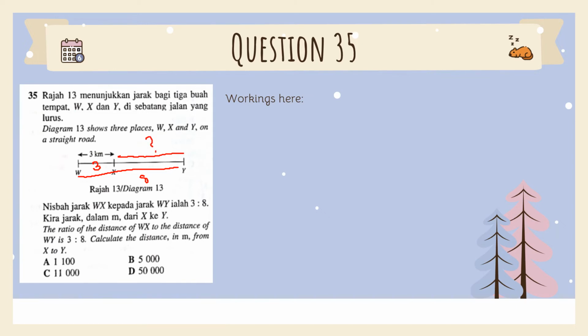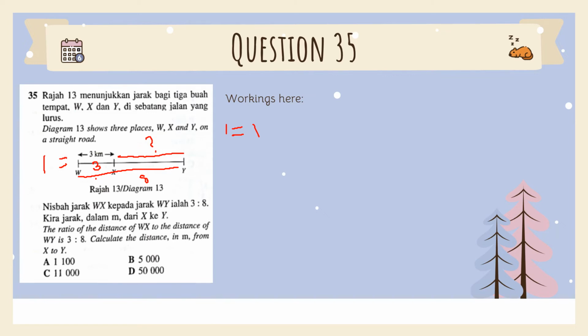So first, 3 kilometer equals 3, which means in order to find 1, divide by 3. So 1 is 1. Alright, if you don't understand, let me say it again. 3 kilometer is 3. So we have to divide in order to know 1. So 1 equals 1.